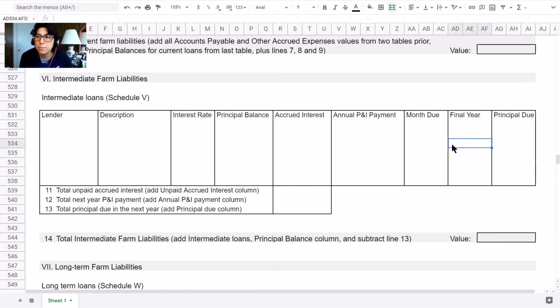We didn't have that in the other table. Principal due is the total principal due within 12 months. And it is the principal portion of the annual principal and interest payment. Okay, so principal balance is the total balance. Principal due is the principal due next year.